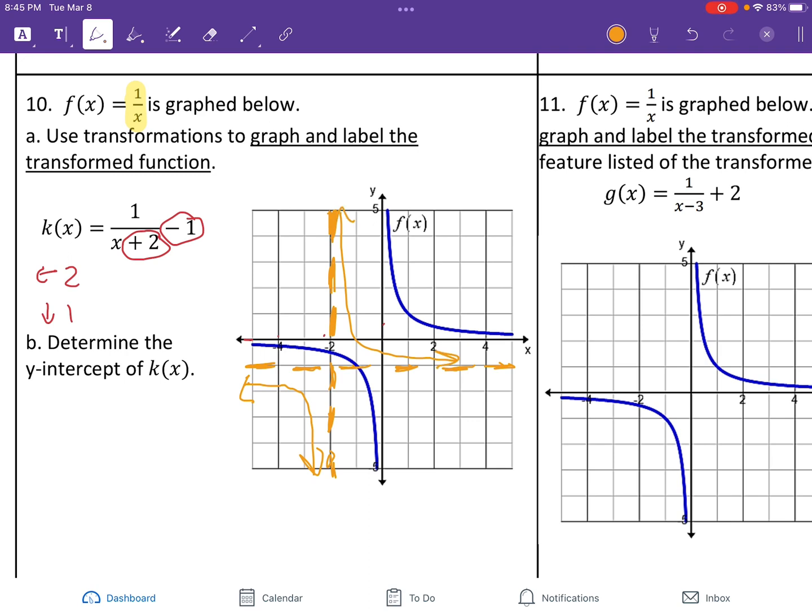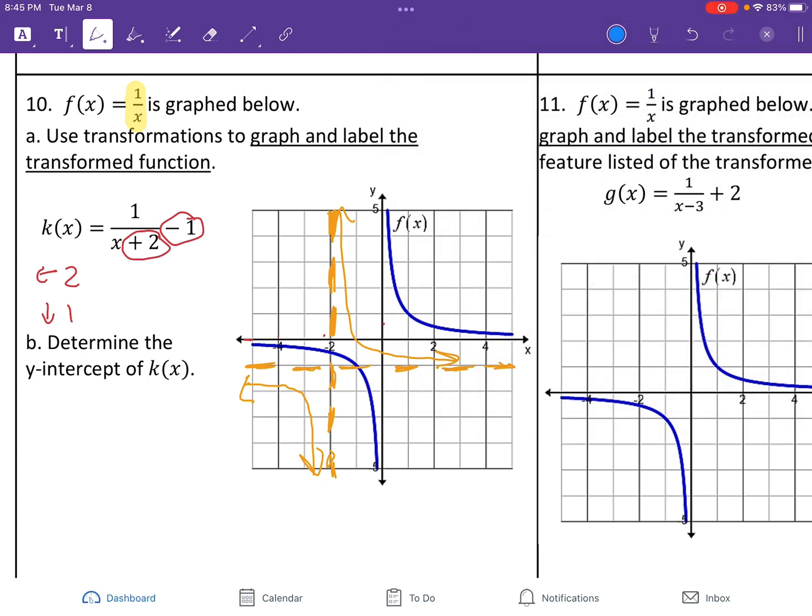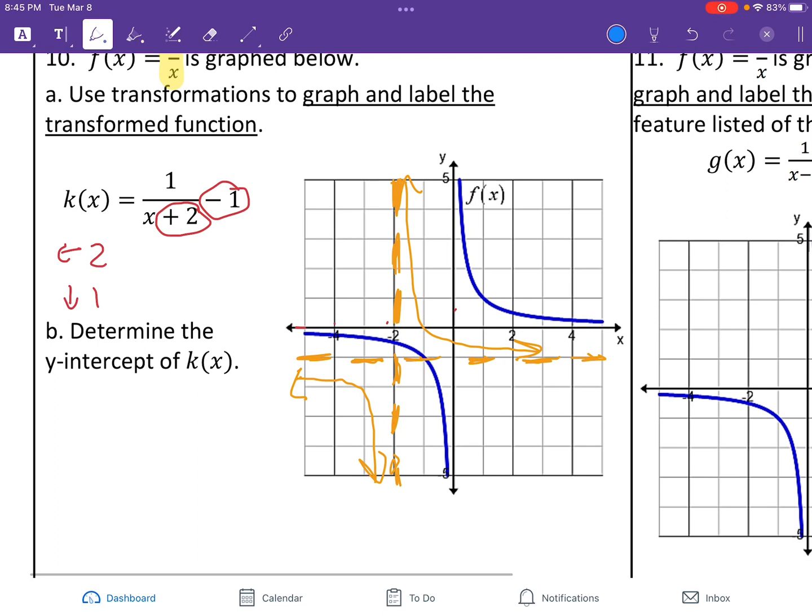Okay. Now we can use our method using algebra to find the y-intercept. To find a y-intercept given that equation, we're going to put 0 in for the x value and then solve. So this becomes 1/2 minus 1.